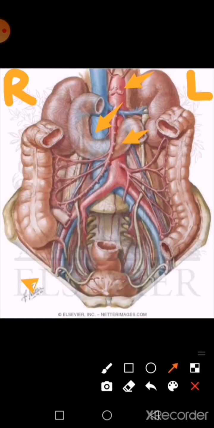This over here is the right colic vessel. At this point the right colic vessel is coming off, and you can clearly see that the right colic vessel is an anterior relation of the ureter.